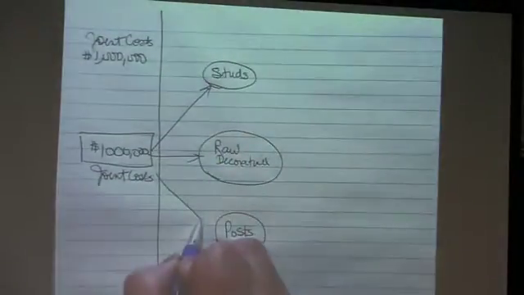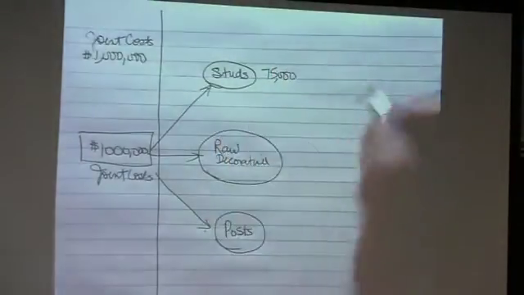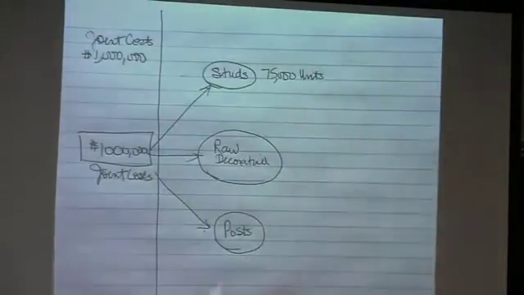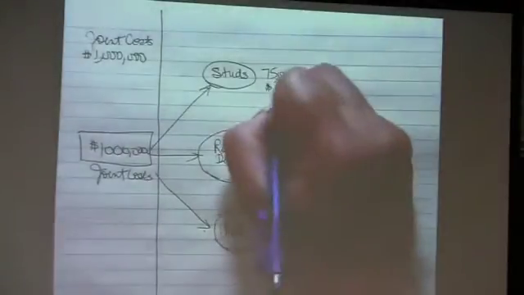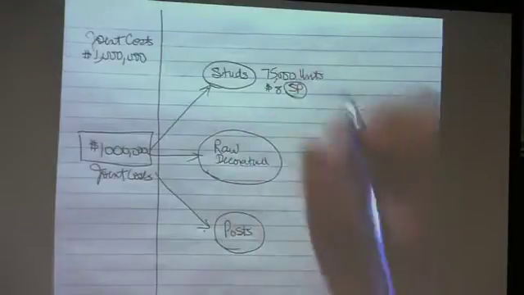Now we're given that this is 75,000 units, and we're also given that the sales price, I'm going to call it SP, is $8.